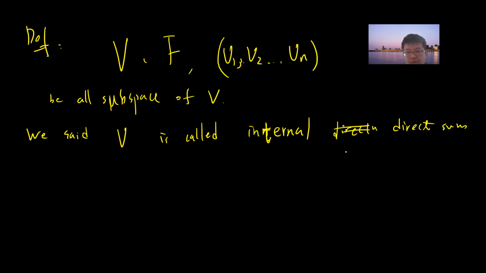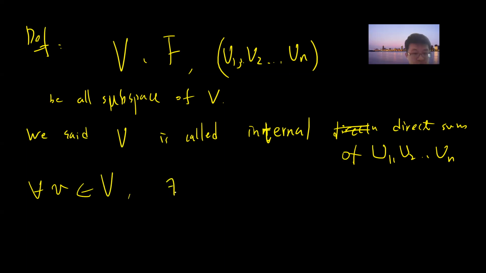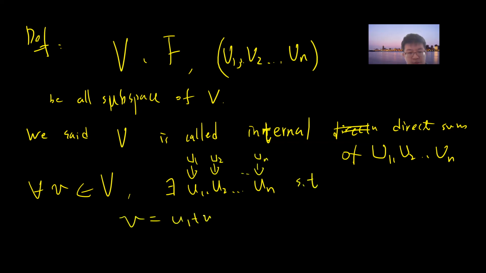Okay, stupid name. Internal direct sum of U1, U2, up to Un means that for every element v belonging to V, there exist u1, u2, up to un, with small ui in large Ui, such that v is the same as u1 plus u2 up to un.